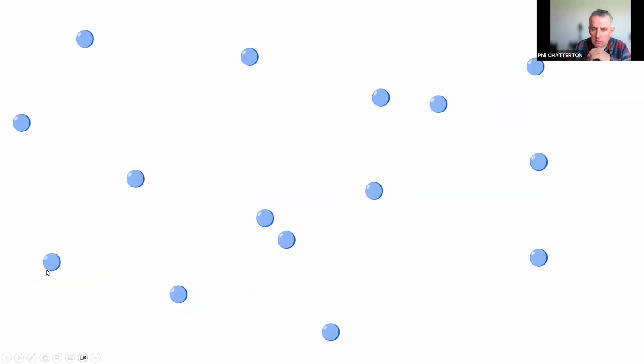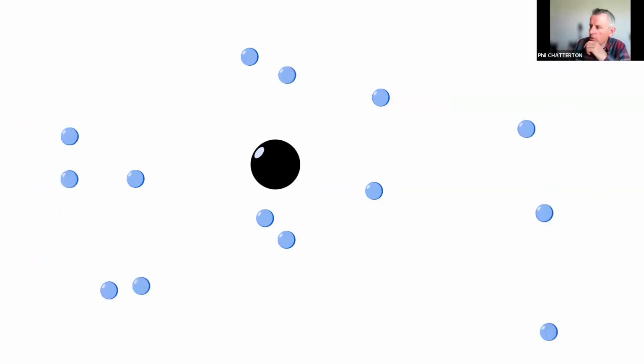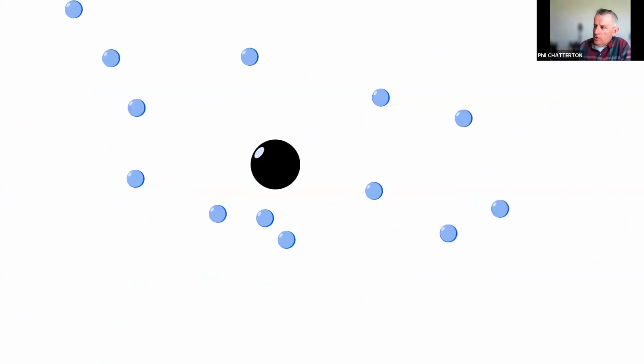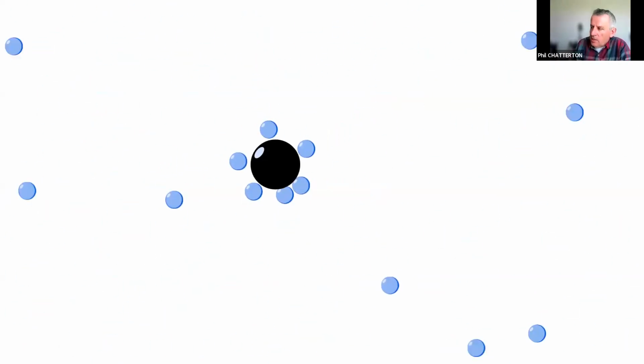We've got a little animation about that here. So imagine these are all water molecules. It's not accurate in the sense that the water molecules in liquid form would be touching each other, but I wanted to show them moving around a little bit like this, okay? And they're just moving around at random. That will be in pure water. Now, if we were to introduce a solute molecule here, shown by this black molecule, what would happen is the free water molecules would move around as they already were doing before, but you'd get this hydration shell forming around the solute like that.